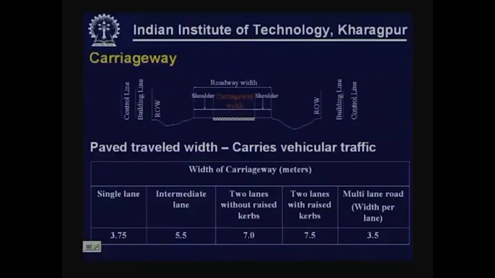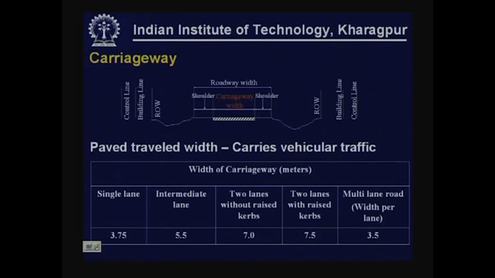The width of carriageway for a single lane road is 3.75 meter, for an intermediate lane road 5.5 meter, two lane road without raised curb 7 meter, two lane with raised curb 7.5 meter, and for a multi lane road the width per lane is 3.5 meter.